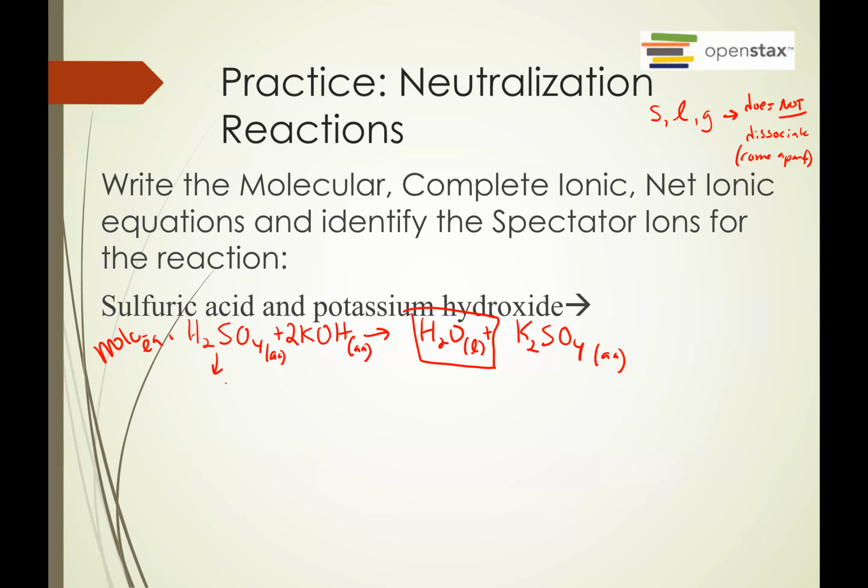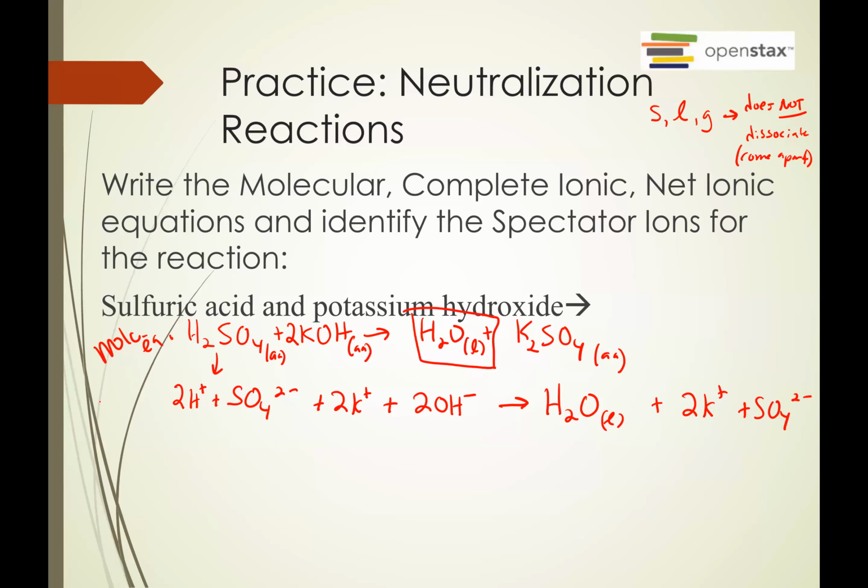So this H2SO4 is going to become 2 H pluses plus an SO4 2 minus, plus 2 K pluses plus 2 OH minuses, goes to water, which stays together, plus 2 K pluses plus an SO4 2 minus. This again is the complete or total ionic equation. Everyone see how I broke all those up?